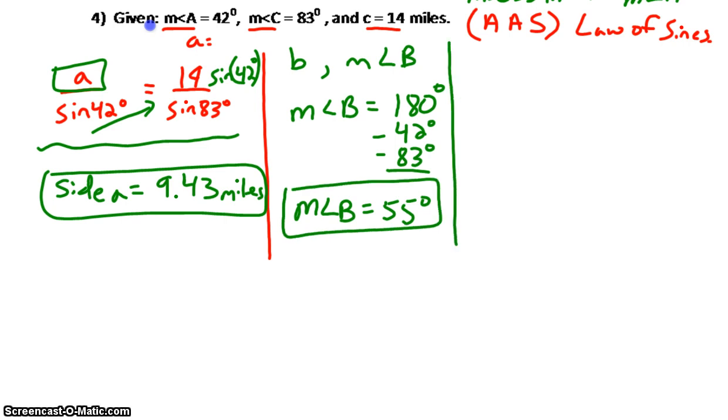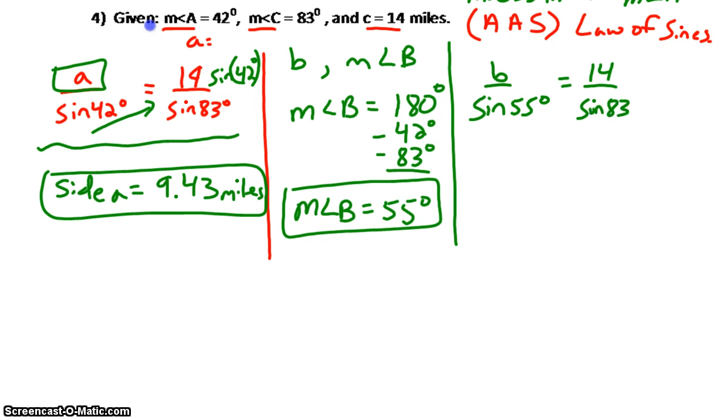That leaves us with finding side B. So side B over sine of 55 degrees, because remember it's B over sine B, equals my other two. Well, I've got choices now, but again I will choose the given because that doesn't deal with decimal approximations, of sine 83.